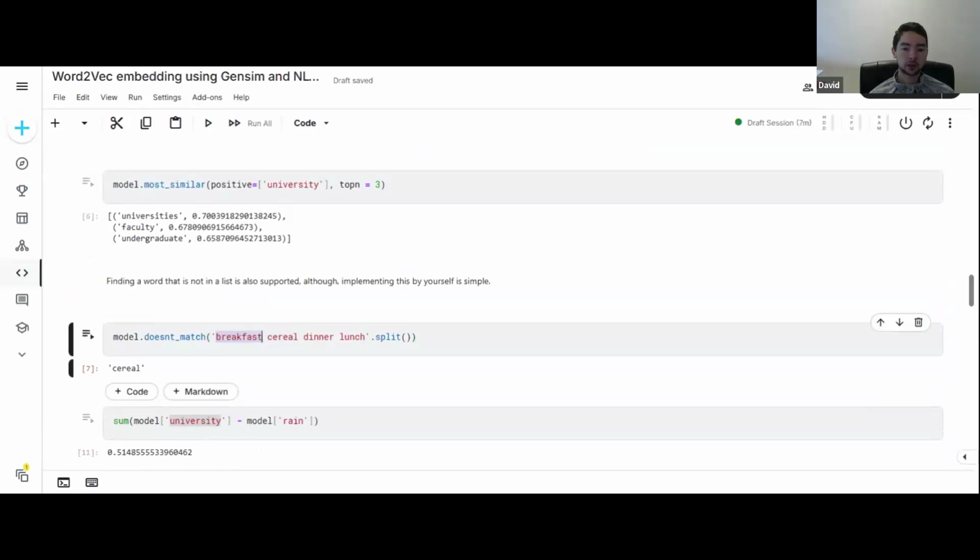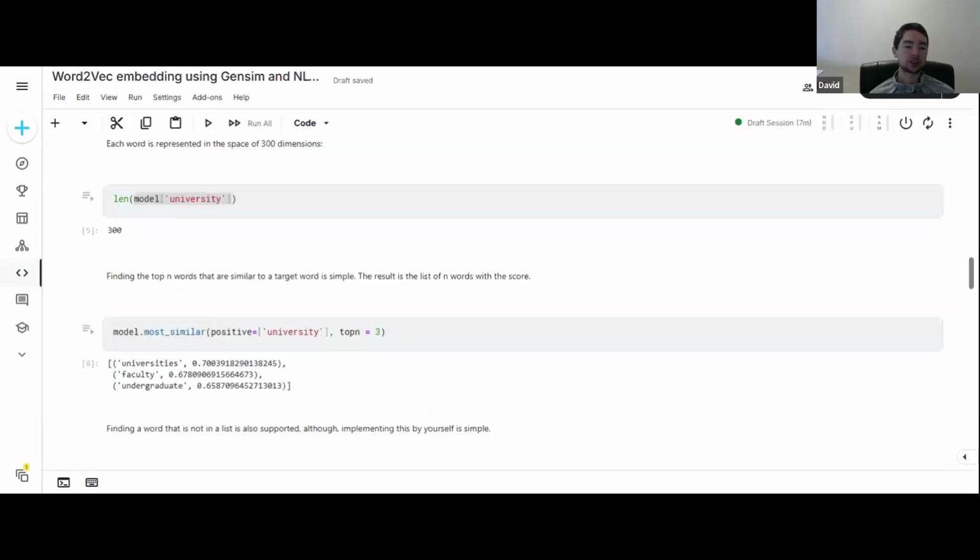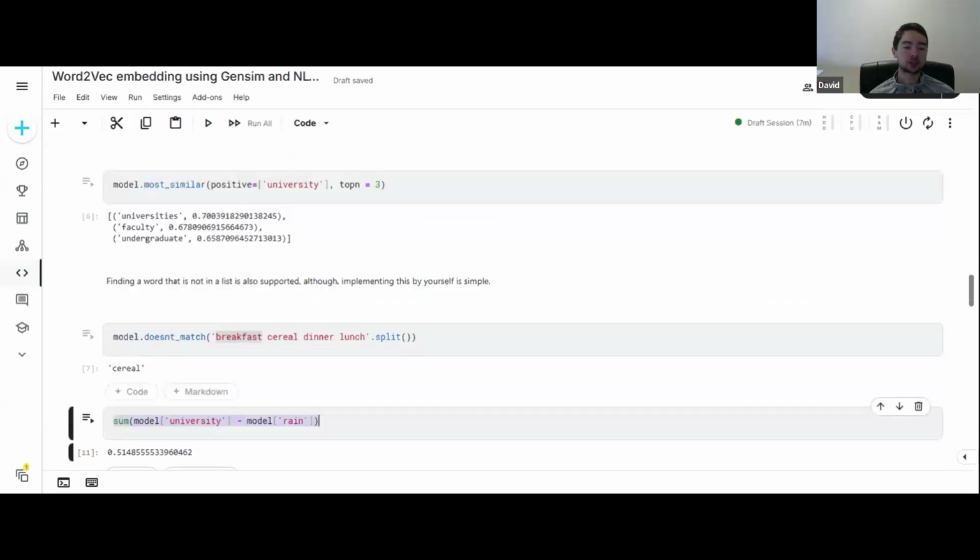So like breakfast, cereal, lunch, dinner, the word that doesn't match is cereal. Yeah. So there's a lot of cool things you can do with embeddings. Basically, it models the structure of how words are used in sentences. Yeah, that's what I have.